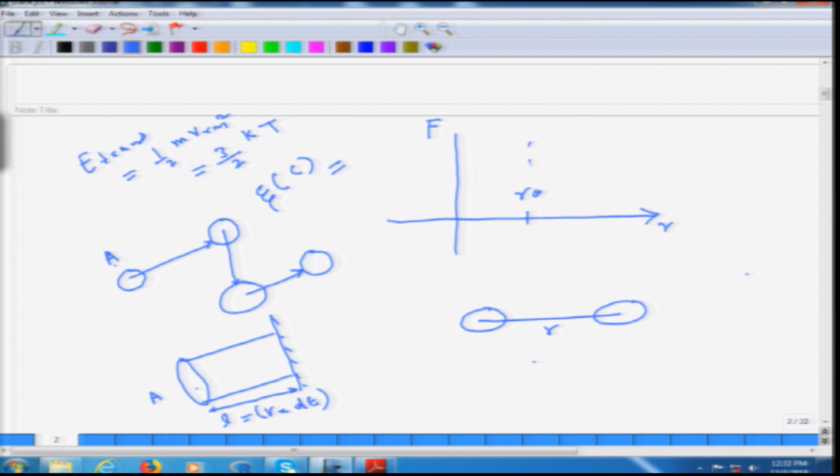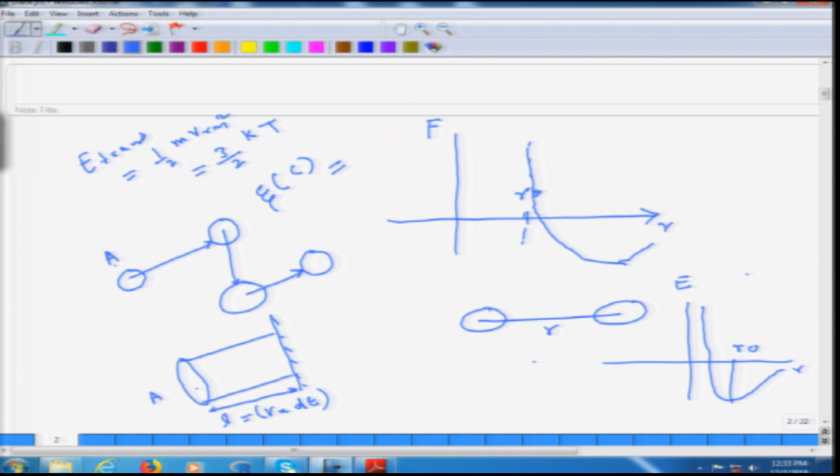In this case, we observe that the force looks something like this, and then moves like this. The same graph, if we plot energy versus R, which we are familiar with, is shown something like this, where this is again R naught.